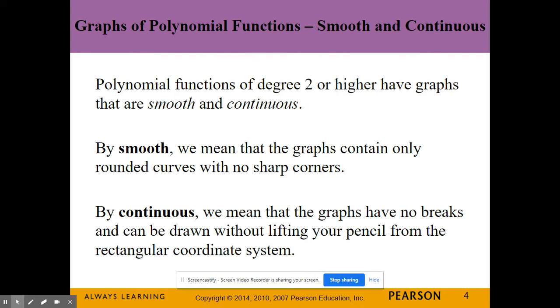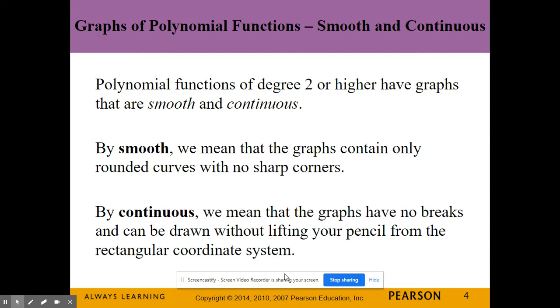Polynomial functions of degree 2 or higher have graphs that are smooth and continuous. Smooth, by definition, is a graph that has curves and no sharp corners. So think of a quadratic function as opposed to an absolute value function. A parabola is smooth, an absolute value function is not.